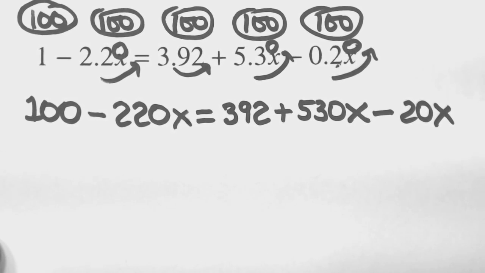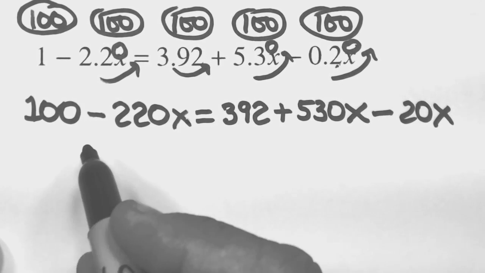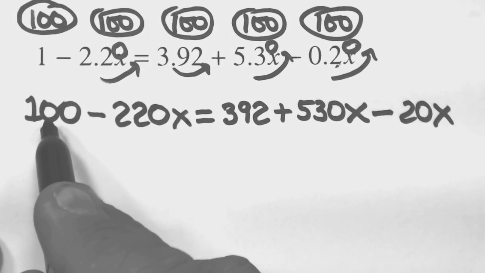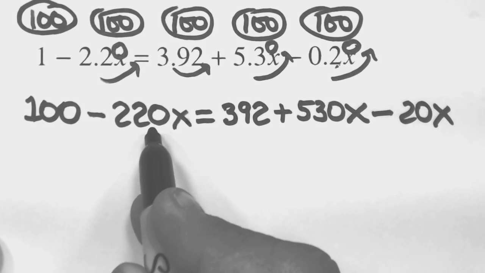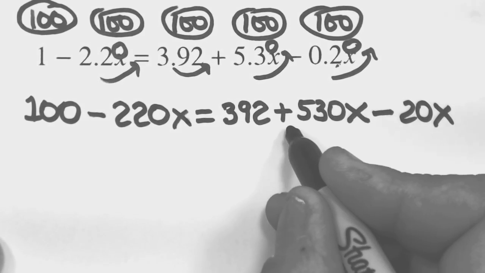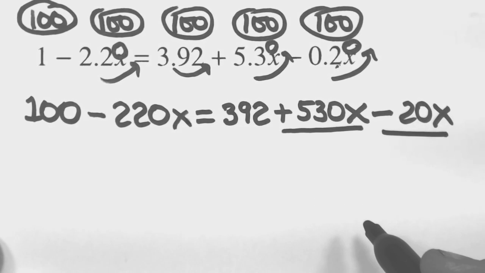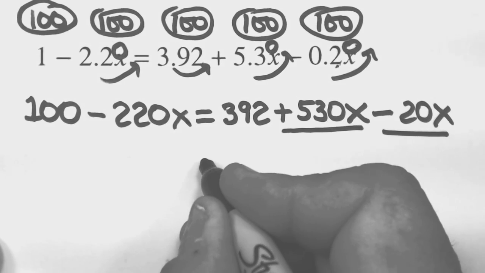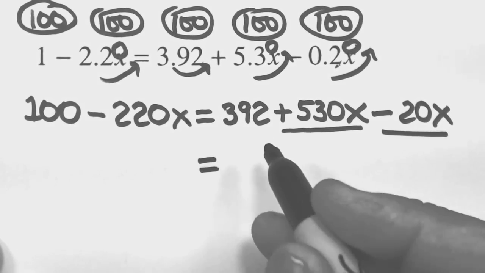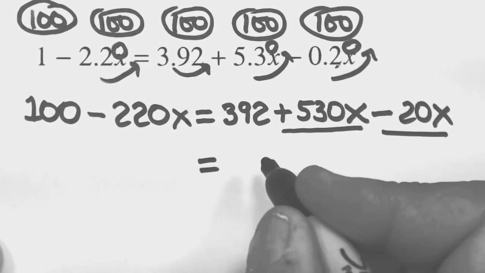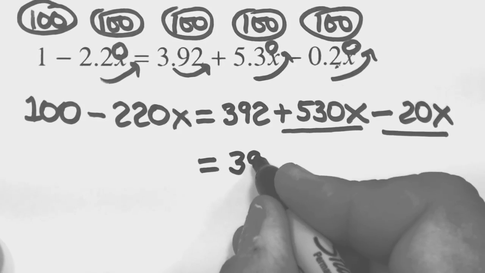Now, we of course have to check to see if there's any further cleaning up we need to do. The left side, these are not like terms, so we can't combine them. But notice over on the right, we've got 2 terms that have x here. We can definitely combine those. So, if I'm cleaning up the right side, the 392, there's nobody to combine him with. He's a plain number.